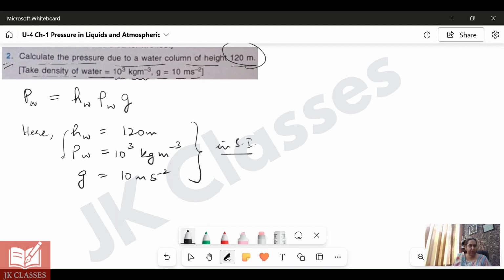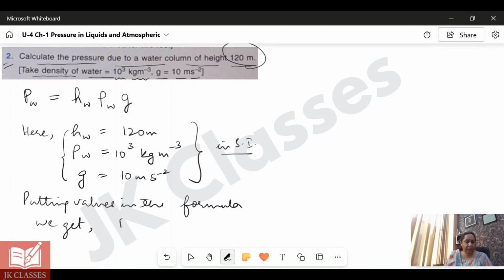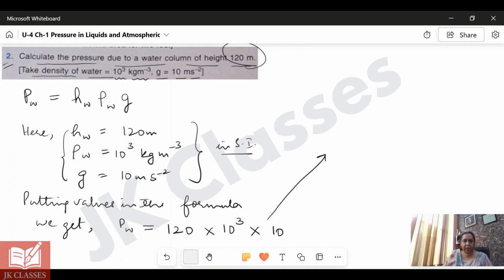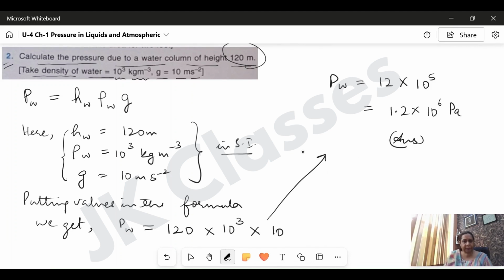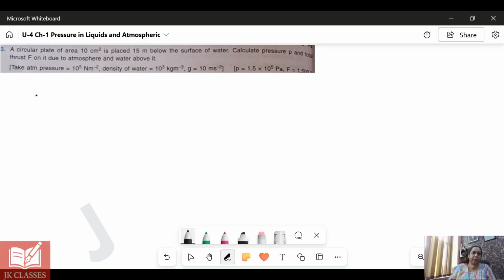Directly putting these values in the formula, we get pressure due to the given water column is equal to height multiplied by density multiplied by gravity. We get pressure is equal to 12 multiplied by 10 to the power 5, which can be written as 1.2 multiplied by 10 to the power 6 Pascal. This is your answer. Let's move to question number 3.